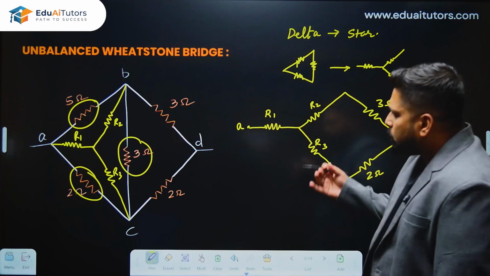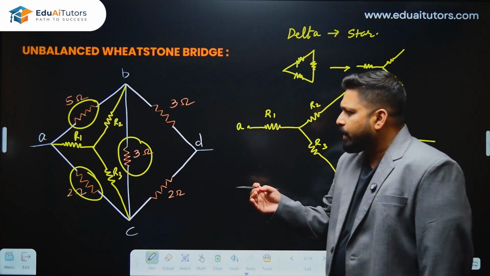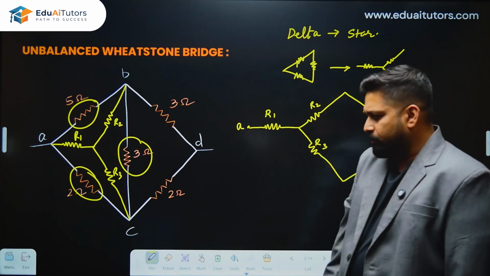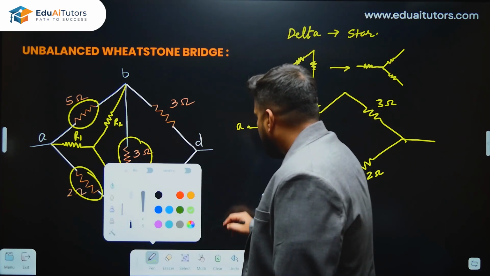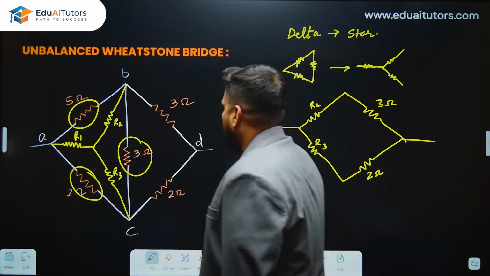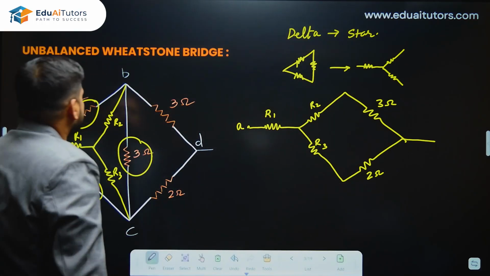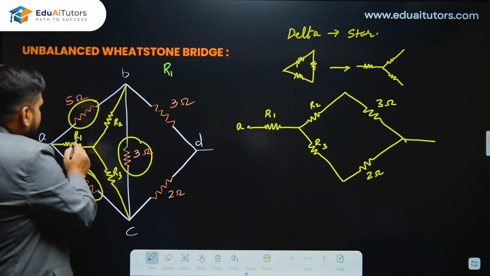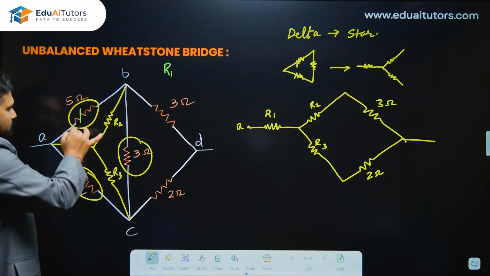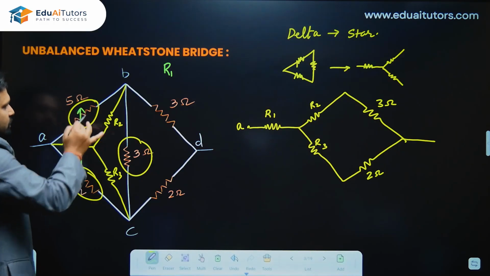Now to do that, you have to use a very simple trick or a very simple formula. What is it? You need to follow with me while we are solving this. How do we do it? For writing this R1, you need to multiply the two resistances which are across this.